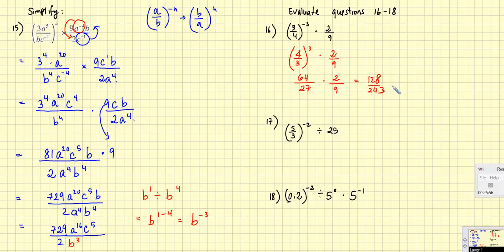Okay. We might be able to simplify that further. Let's see. And I don't think there are any numbers here, so the answer is no. You can't simplify that any further.